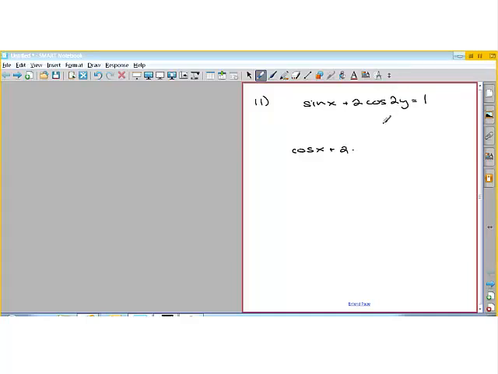The chain rule tells us that we need to bring the 2 out. The derivative of the cosine is negative the sine. Keep the argument the same in the sine times y prime is equal to 0.